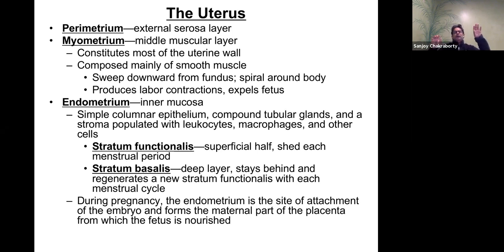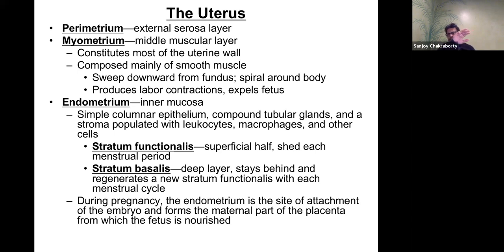So there must be communication between the ovary and the uterus, and that communication is done by hormones. There are two very important hormones. One is called estrogen, another is called progesterone. Both hormones come from the ovary, telling the uterus, apart from their other jobs, that they have to build a functionalis layer.